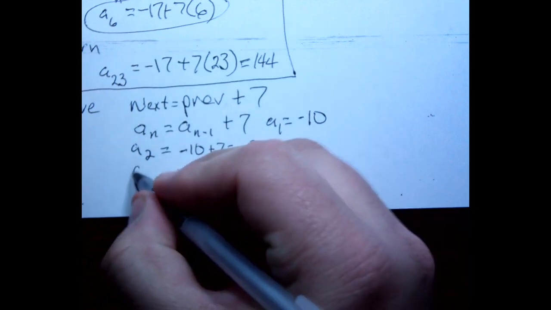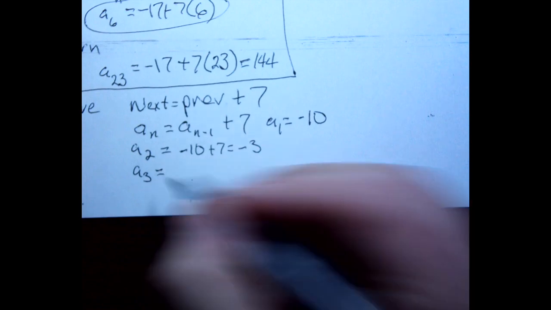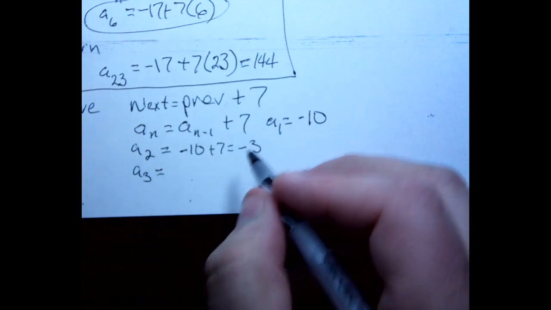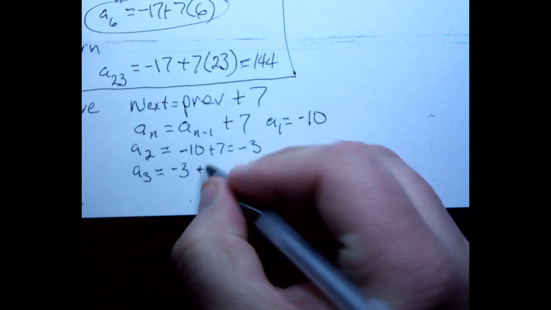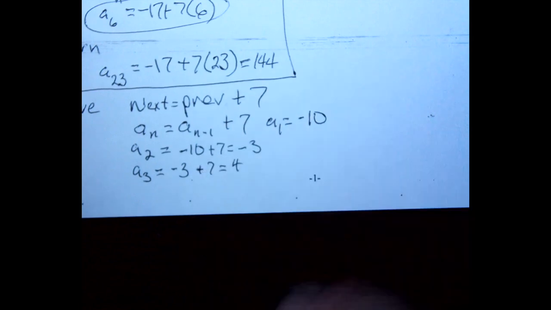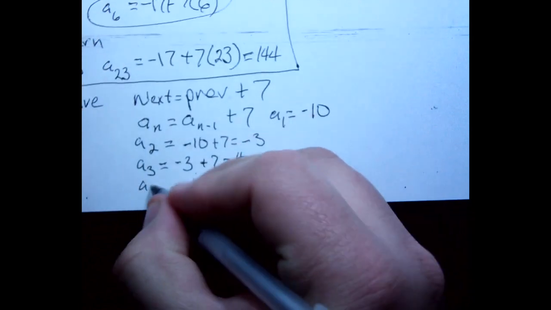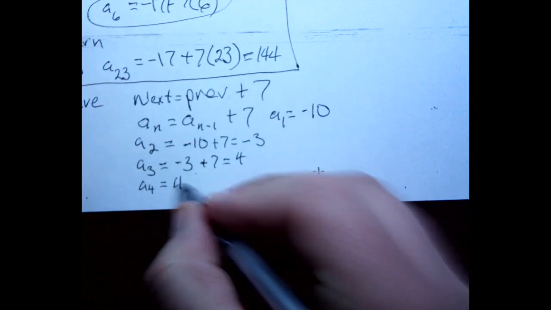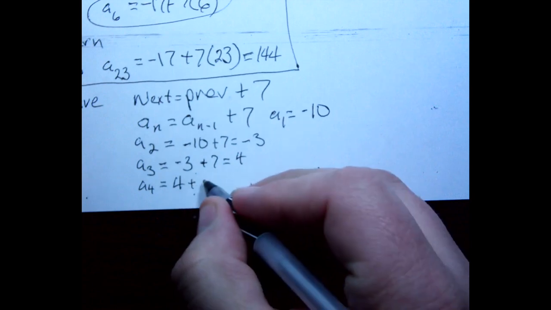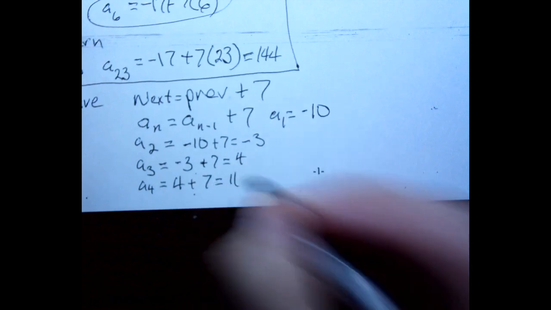The third term, a sub 3, would be equal to a sub 2, which was negative 3, plus 7, which is equal to positive 4. A sub 4 would be equal to the third term, which is 4, plus 7, which is 11.